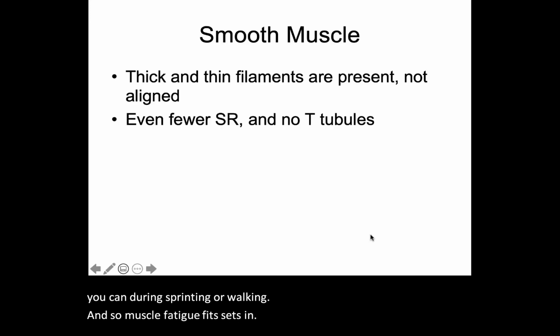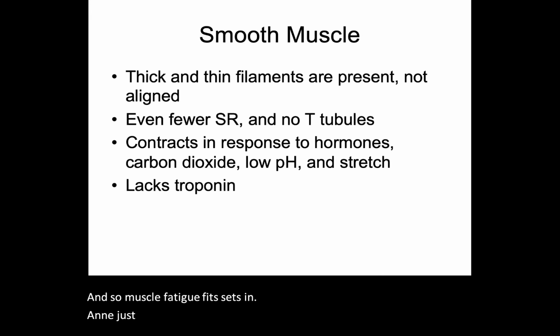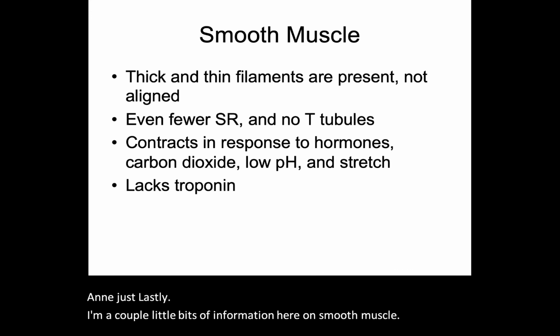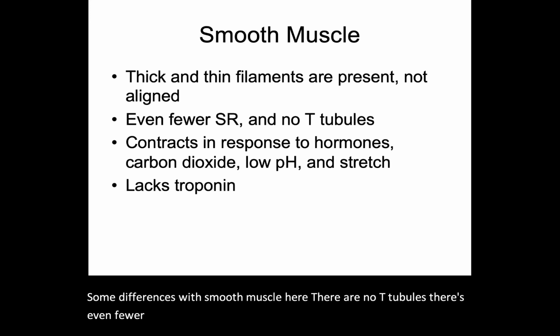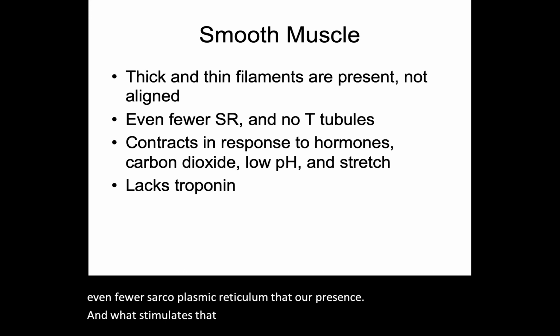All right. And just lastly, a couple little bits of information here on smooth muscle. Some differences with smooth muscle here. There are no T-tubules. There's even fewer sarcoplasmic reticulum present. And what stimulates that release of calcium is much different since there are no T-tubules.